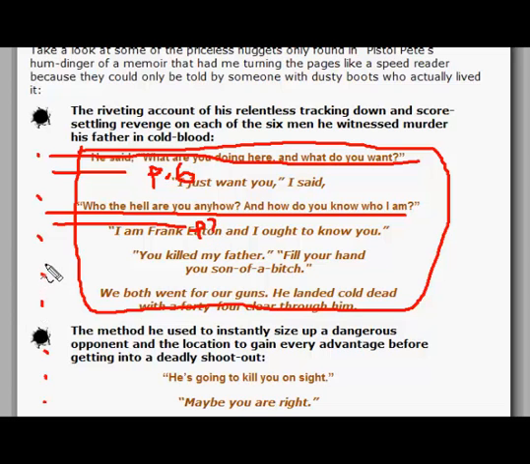And then you go on to say how Pete was able to instantly size up a dangerous situation with an opponent and gain the advantage, page 17 or whatever.